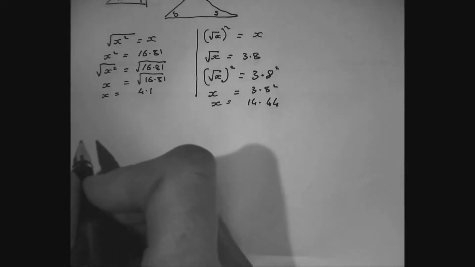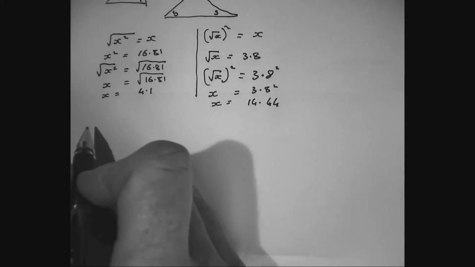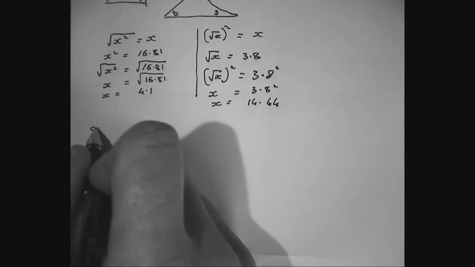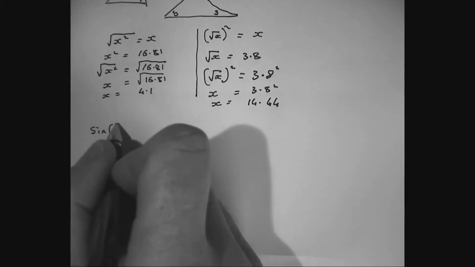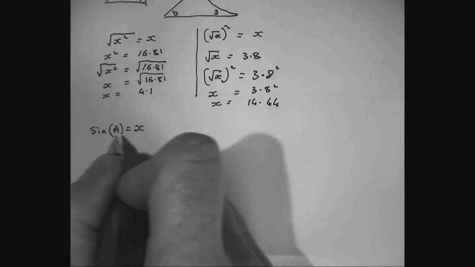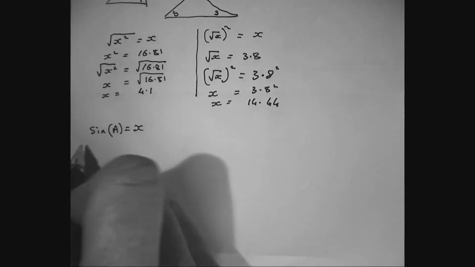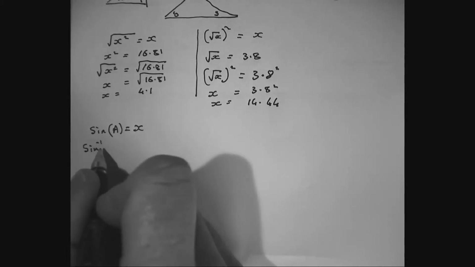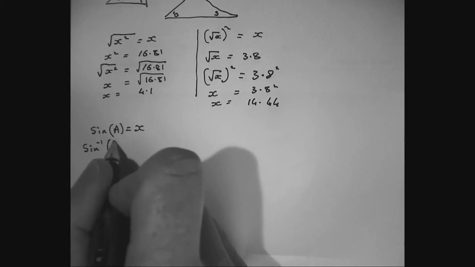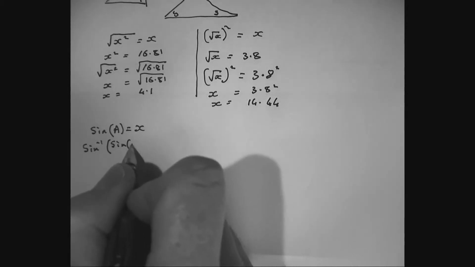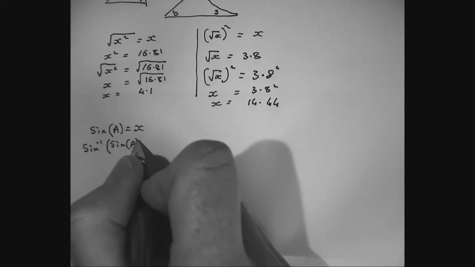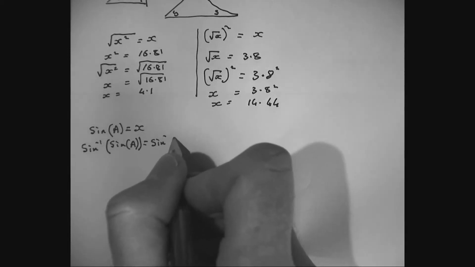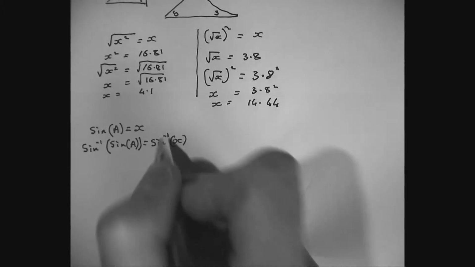We have inverses for the sine, cosine and tangent. If I'm told that the sine of the angle A equals x, then the inverse sine, and the notation for the inverse sine is sine to the power of -1, of sine of A equals the inverse sine of x.